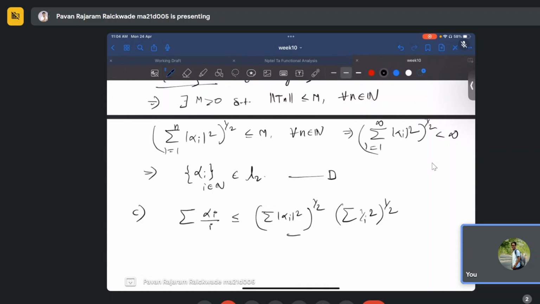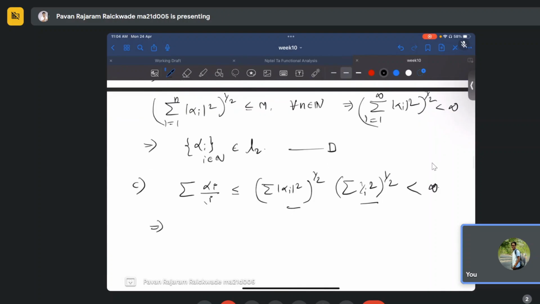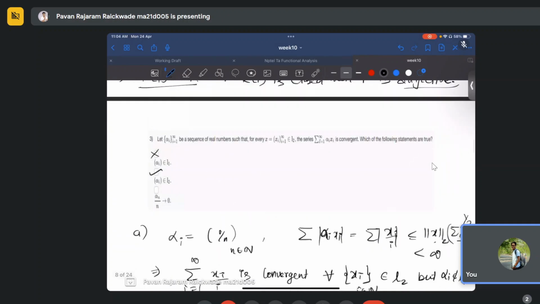But this is also finite, hence this is finite. Which implies the series converges, hence the nth term will go to 0. So alpha i by i goes to 0. So option C is also true.